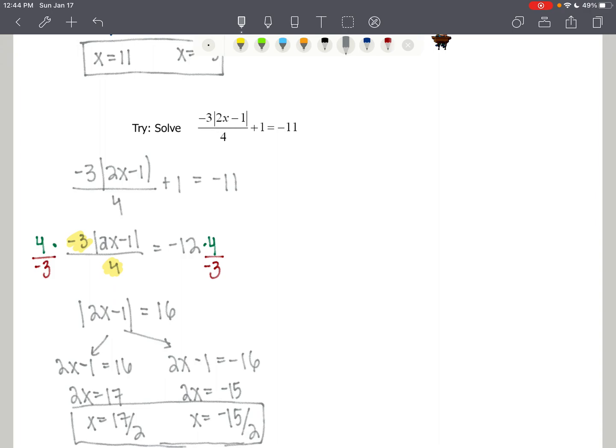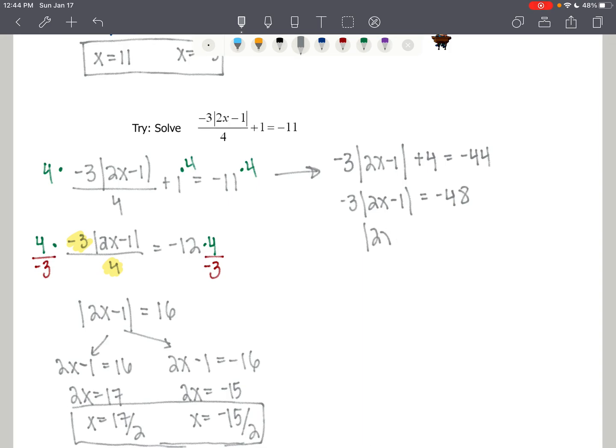Now another way to think of this would be to multiply each term in that original equation by 4. So you could clear the fraction. -3 times the absolute value of 2x minus 1 plus 4 equals -44. You can always clear the fraction if that makes you feel more comfortable.